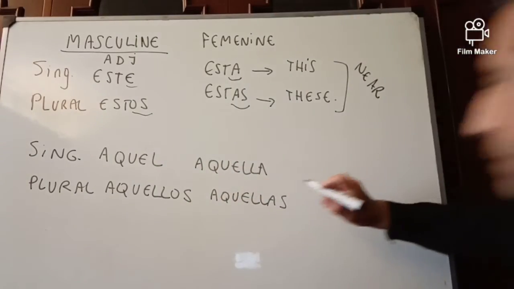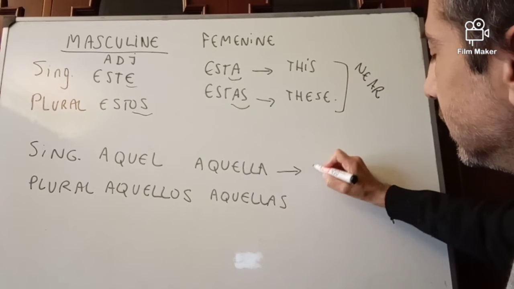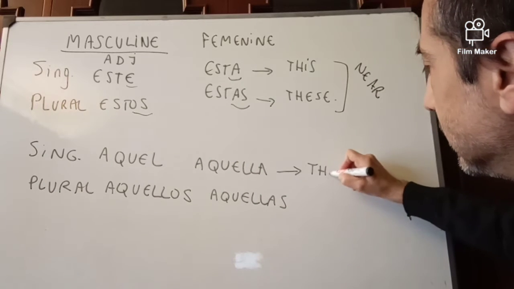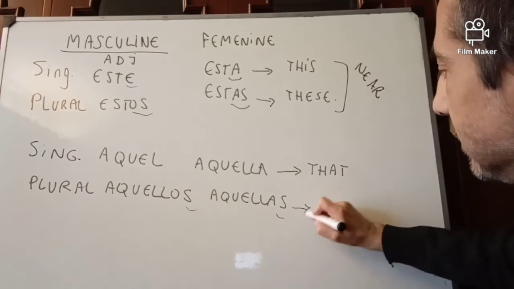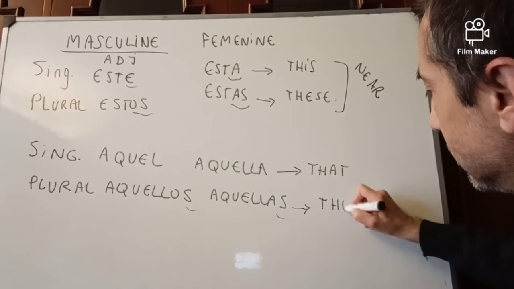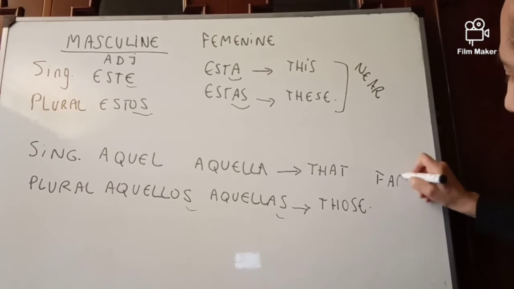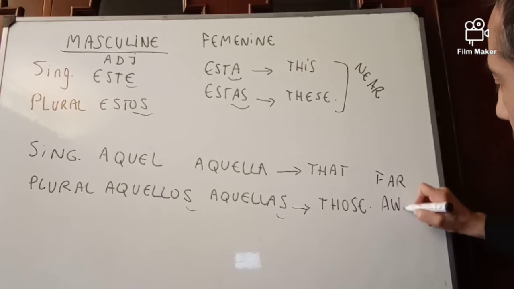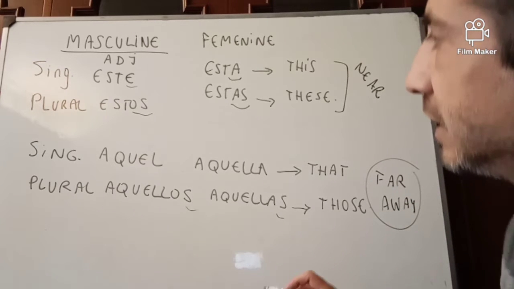So, what do you think all these words mean? Aquel and aquella mean that, and this in the plural mean these both mean those. So we use them when they are a bit far away from us.